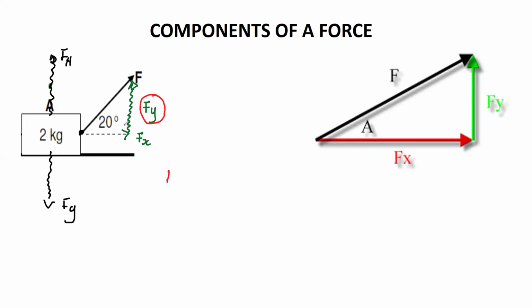Therefore, it means the Fn plus the Fy are actually equal to the Fg under this scenario. Please do not forget that. In a situation where there is a vertical component moving in the same direction as the normal force, the two upward forces when added will equate the downward force of gravity.